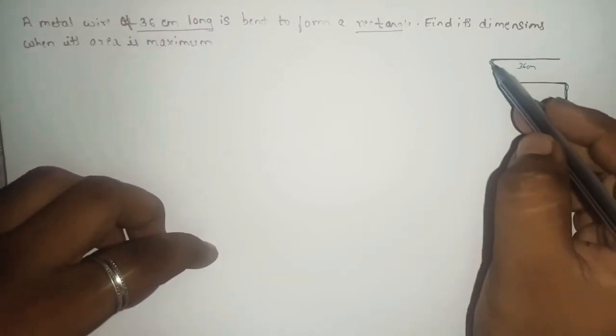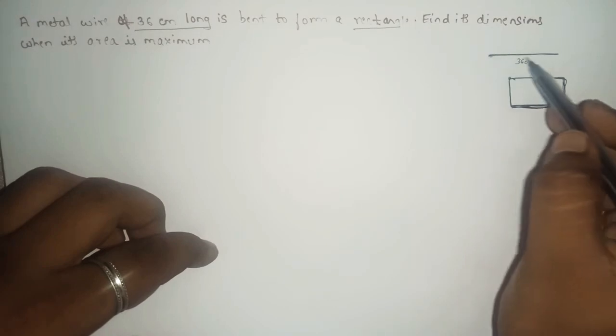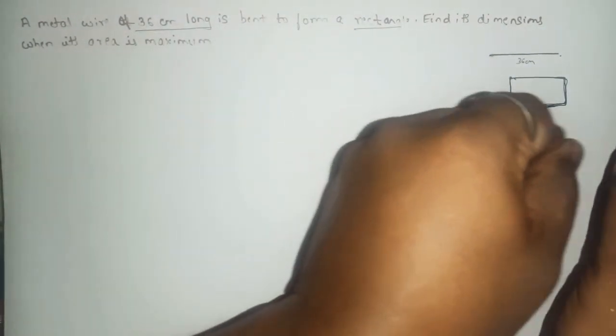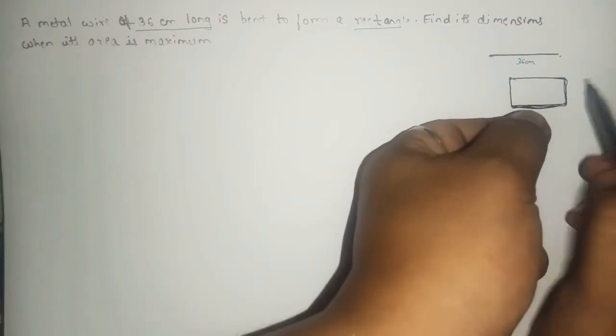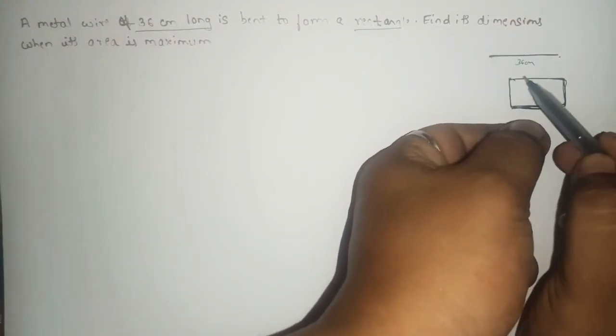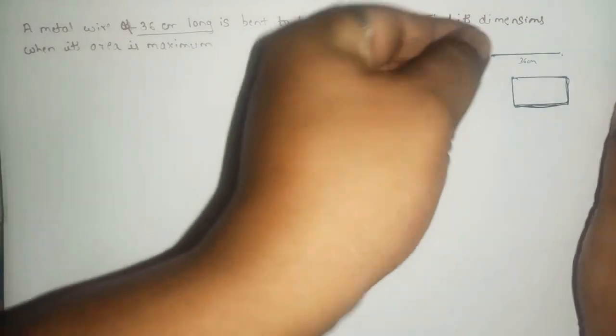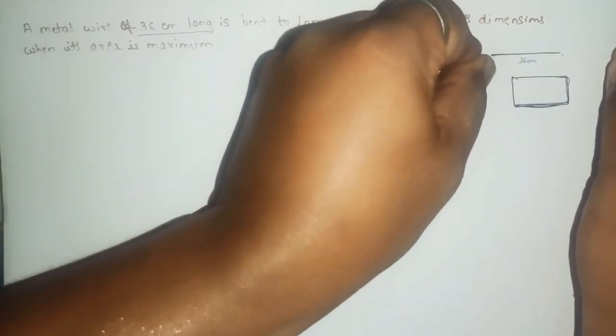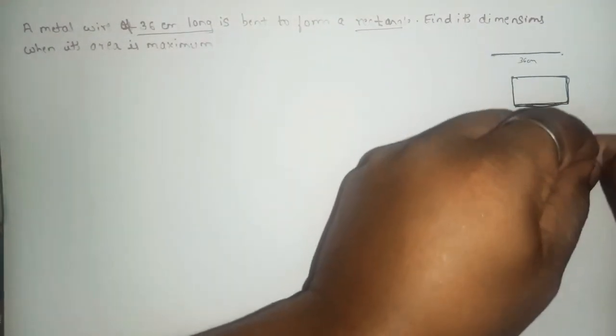Yes or no? Here we have a 36 centimeter long wire, bent to form a rectangle. When you stretch this, again it will come to 36 centimeter only. So simply, that straight wire is bent to form a rectangle.